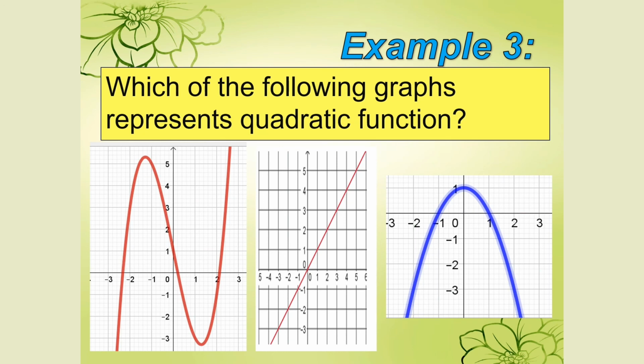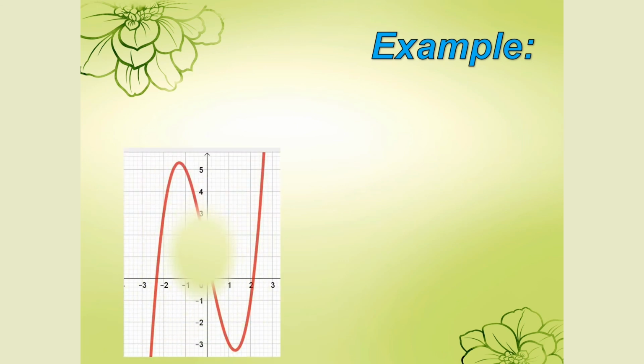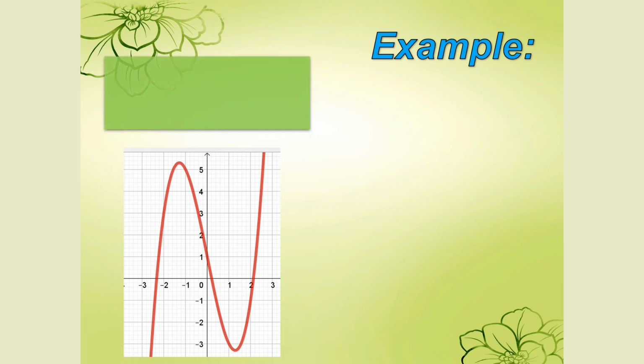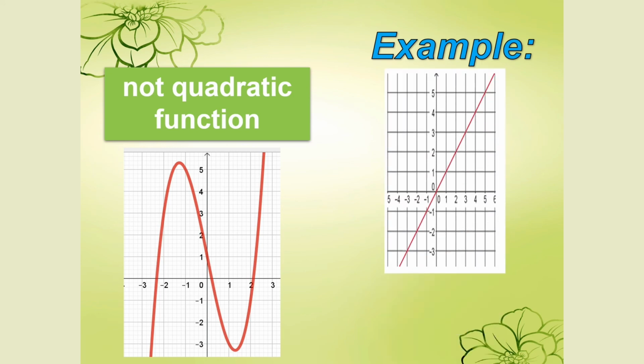Alright, for the example, which of the following graphs represents a quadratic function? First graph. As you can see in the graph, there are several curves. So, it is not a single curve. That means this is not a quadratic function, because the graph of a quadratic function is only one smooth curve. Next is the straight line.